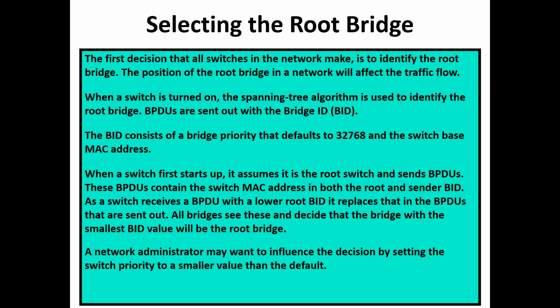As a switch receives a BPDU with a lower root BID, it replaces that in the BPDUs that are sent out. All bridges see these and decide that the bridge with the smallest BID value will be the root bridge. A network administrator may want to influence the decision by setting the switch priority to a smaller value than the default.